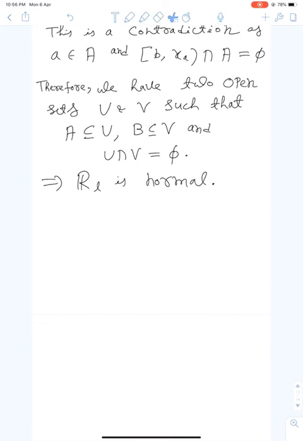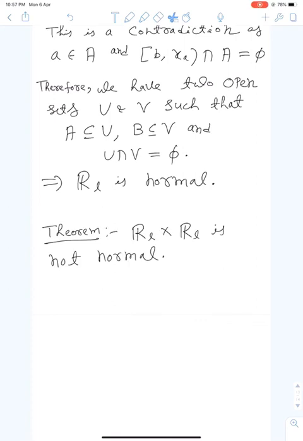But here at the end, I just want to note one result: that is, R_l cross R_l is not normal. Here, even in the next lecture, I will not prove this because the proof of this theorem is a little bit complicated, but one can prove this easily by the Urysohn lemma.